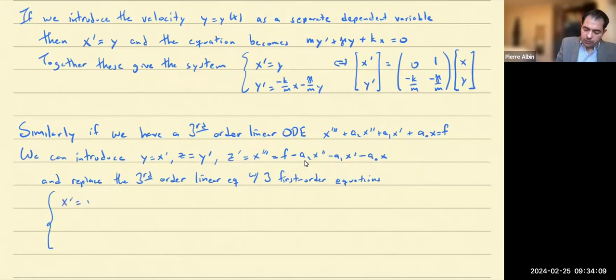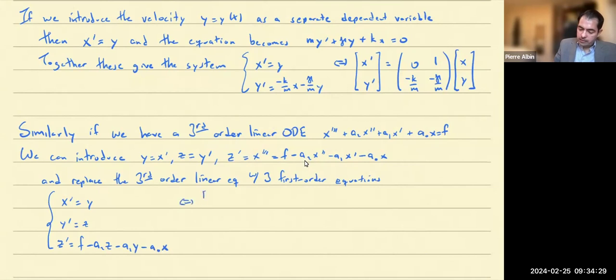Right, so x prime equals y, y prime equals z, and z prime equals f minus a2 z minus a1 y minus a0 x, right?